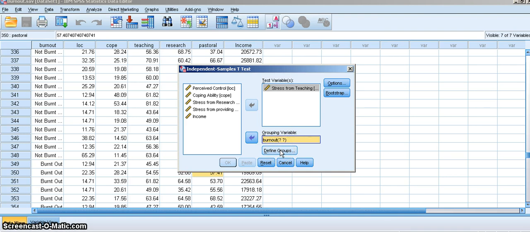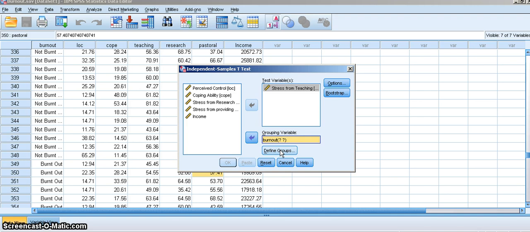So it could be 1 and 2, it could be 0 and 1. If you have multiple groups, let's say that you have 5 groups, 1, 2, 3, 4, and 5, and you want to look only at group 1 and 3. Clicking on here, you can define that you're not interested in looking across all 5 groups, but only between groups 1 and 3, or maybe you're interested in looking for any differences between group 2 and 5, whatever that is.